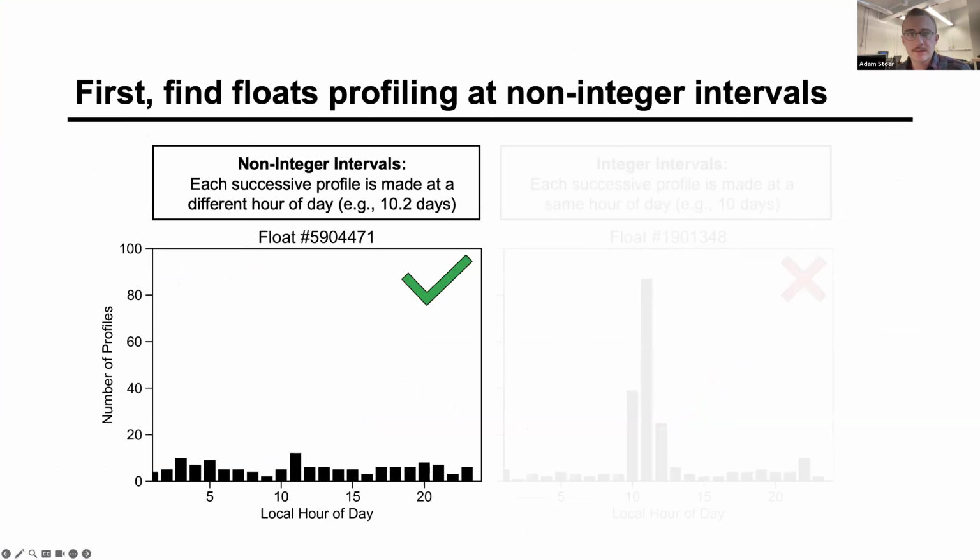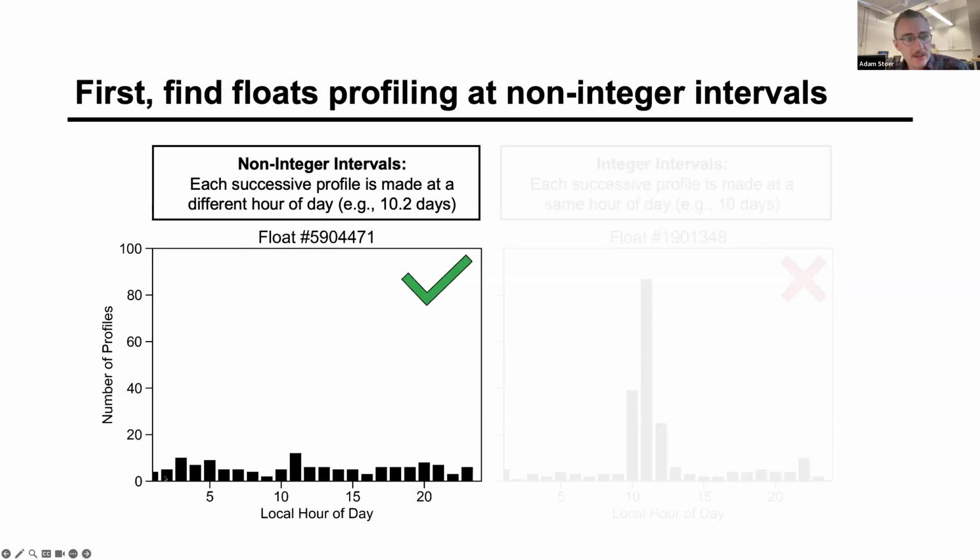What that means is that each successive profile the float takes is taken at a different hour of the day. If a float is profiling at 10.2 days, that non-integer interval, the first profile might be taken at 3 p.m., the next one 10 days later at 6 p.m., and then 9 p.m. after another 10 days, and so on, so that throughout the float's lifetime, you have measurements all throughout the day.